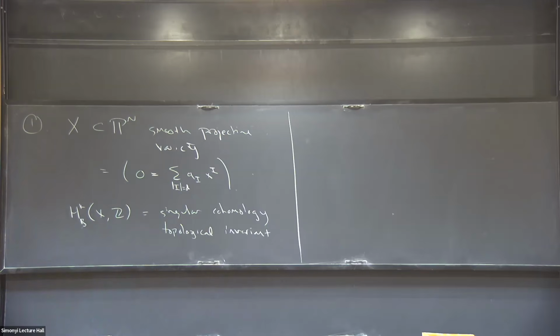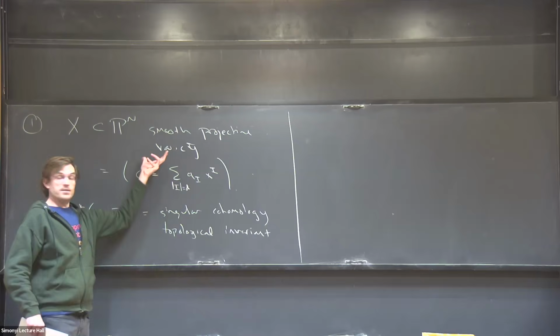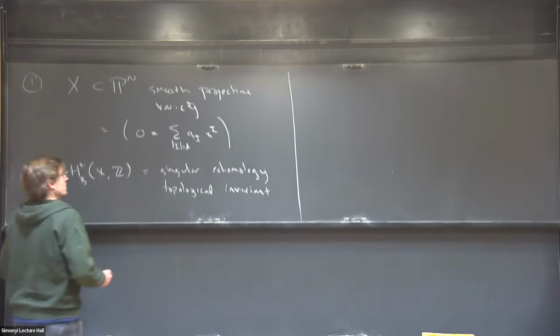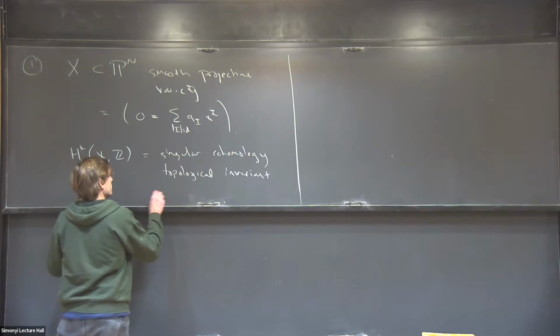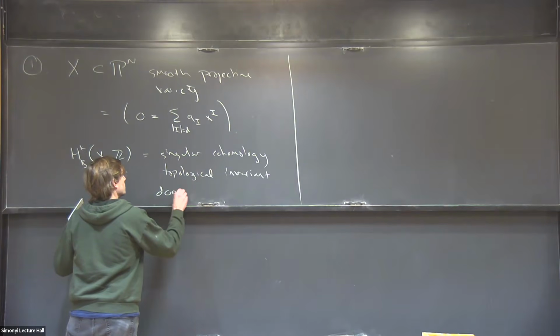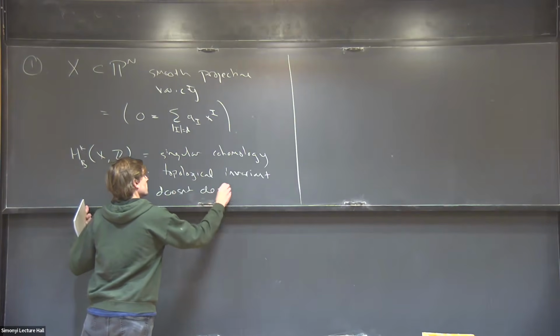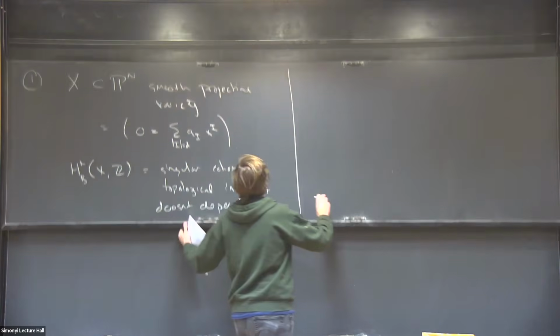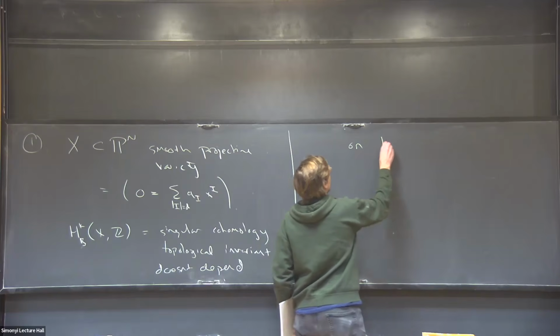So a natural question is, can we enhance this invariant so that it actually depends on the holomorphic structure or even the algebraic structure? Right now it doesn't depend on the holomorphic structure.